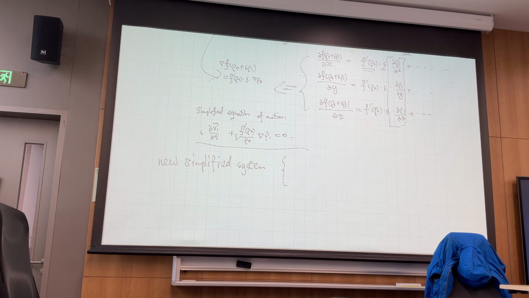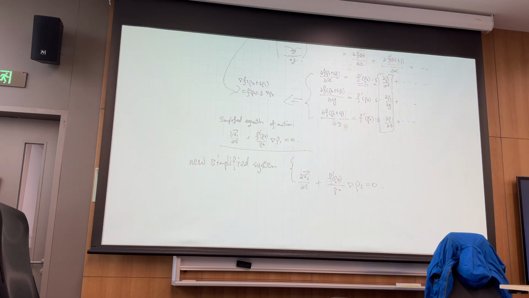If I get rid of epsilon in both terms, what I have is partial v1 over partial t plus f prime rho 0, and then the gradient of rho 1, which equals 0.